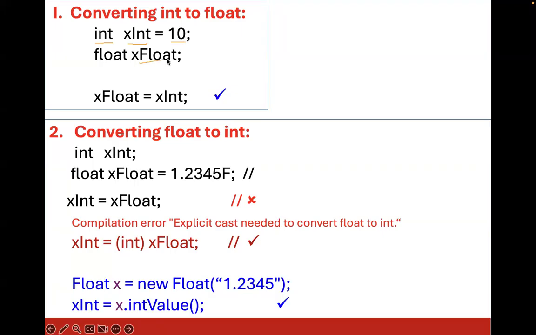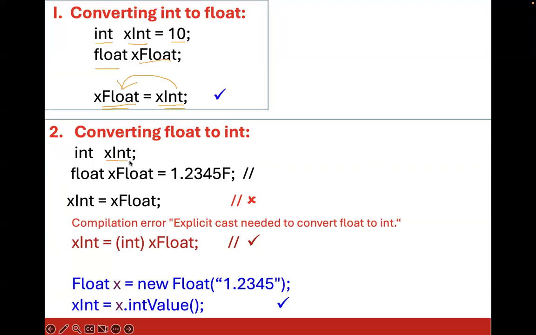And then we have another variable. It is float. In this case, you have integer type data here and you are going to convert this into float. So this is possible because this side we have a small data type and this side we have a large data type. So that's totally possible.